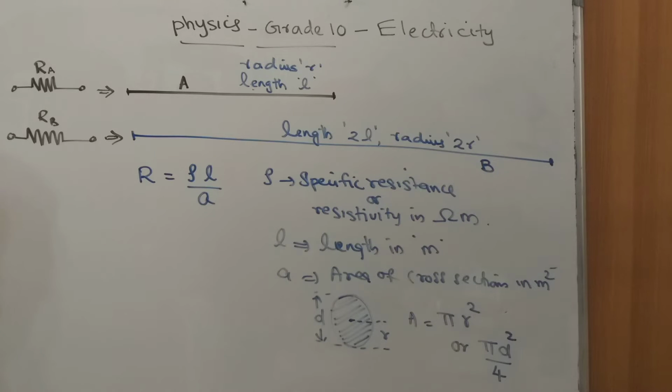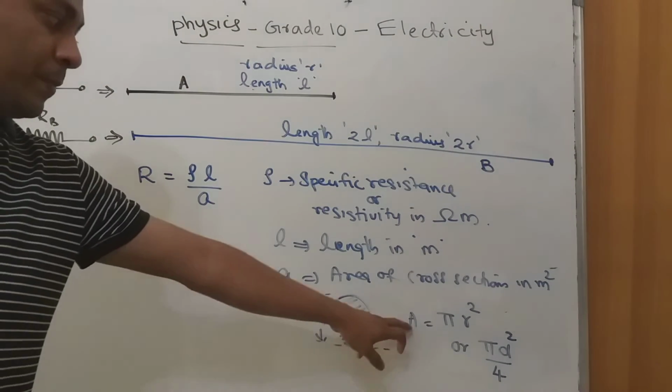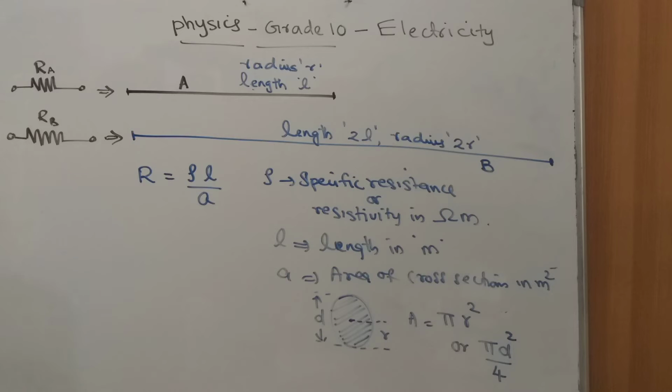If you look at a circular conductor having a radius R, then A, the area of cross section, can be calculated by the equation pi R square. And if we want to calculate the same thing in terms of the diameter, the equation is pi d square divided by 4.